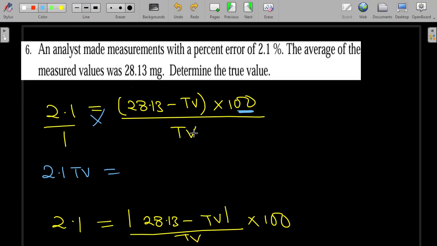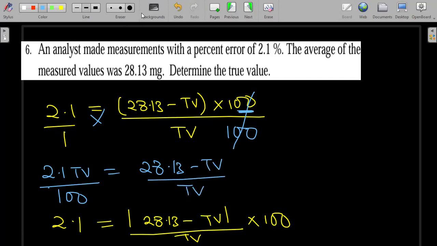Let's divide both sides by 100. If I divide this side by 100, it's going to cancel out with this one. If I divide this side by 100, I remain with 28.13 minus TV over TV.